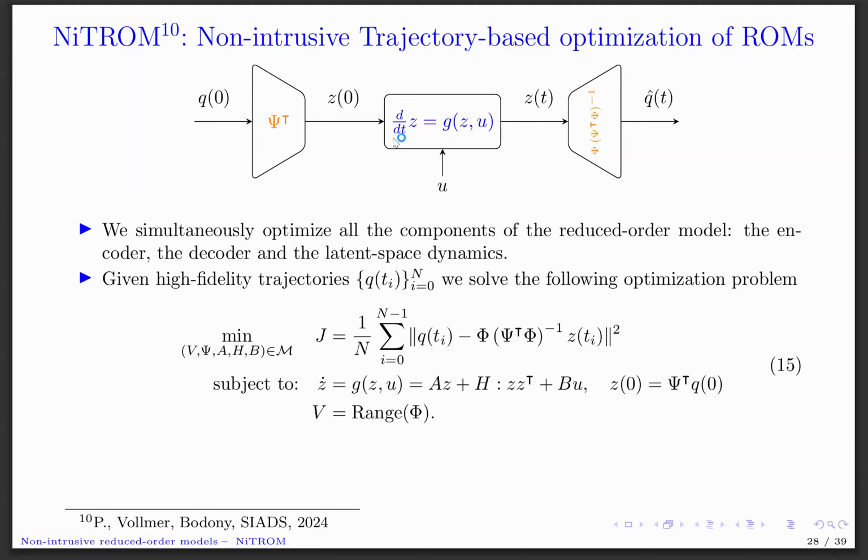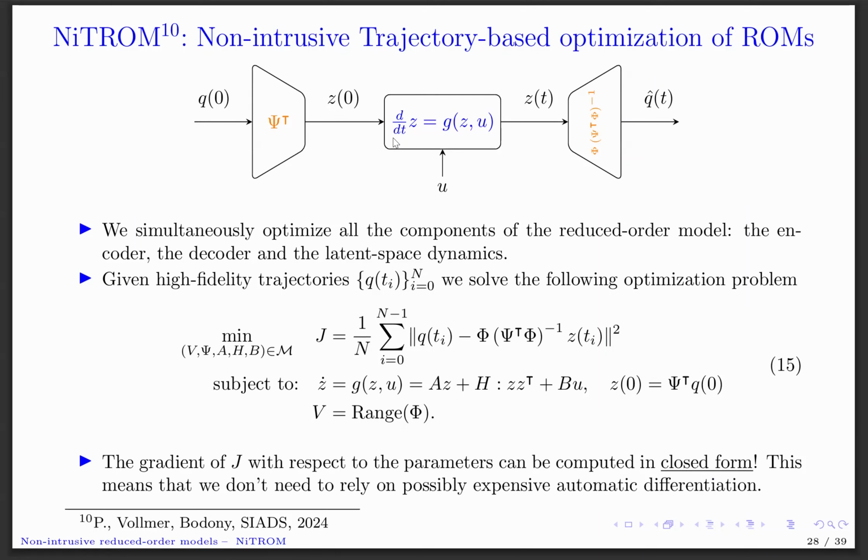So this identifies basically a matrix manifold, calligraphic M. It's well known how to do optimization on matrix manifolds, so we leverage a lot of that literature. And again, the nice thing about this formulation is that the gradient of the cost function with respect to the parameters can be computed in closed form.